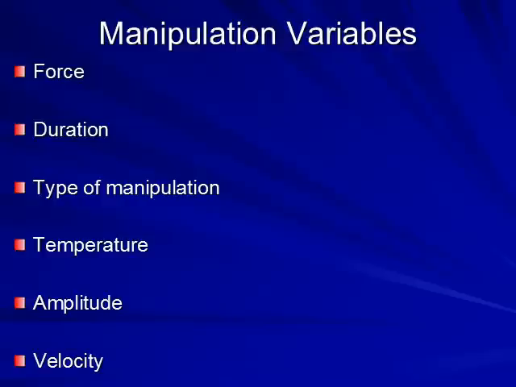You can try to take away heat. You can choose how far you go, which is amplitude. Do you go to the end range of motion? Do you go halfway? Do you just go at the very beginning? Do you spend all your time at the very end? And then velocity is how fast. So these are all things we control, and this is why there's no cookbook answer to this. You have to take it on a case-by-case basis. All right. Thank you very much.